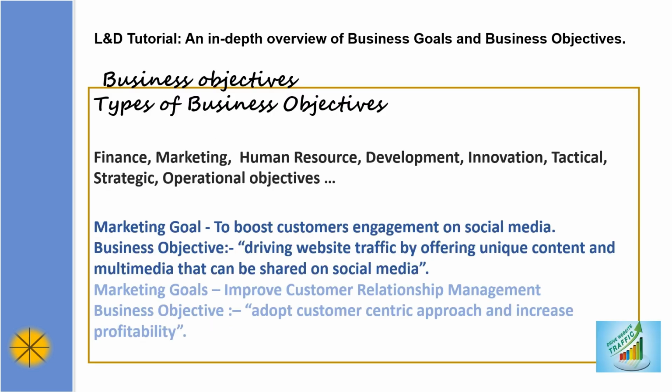There are different business objectives in relation to business goals, such as finance, marketing, human resource, development objectives, etc. For example, for a marketing goal to boost customers' engagement on social media, a business objective could be driving website traffic by offering unique content and multimedia that can be shared on social media and etc. And so there can be different examples of business objectives in relation to business goals and organizational aim.